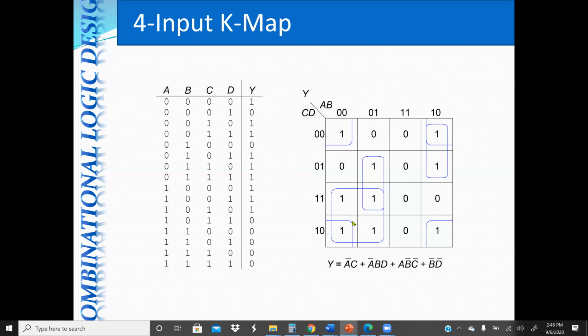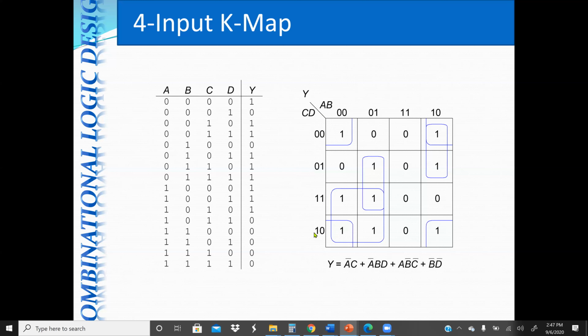Again, we are doing the 4 edges. So you look at their variables. In the first column, I'm looking only at the edge. So first column, first row, and the last row, because that's the edge. So we know 0, 0 for D, so D invert.